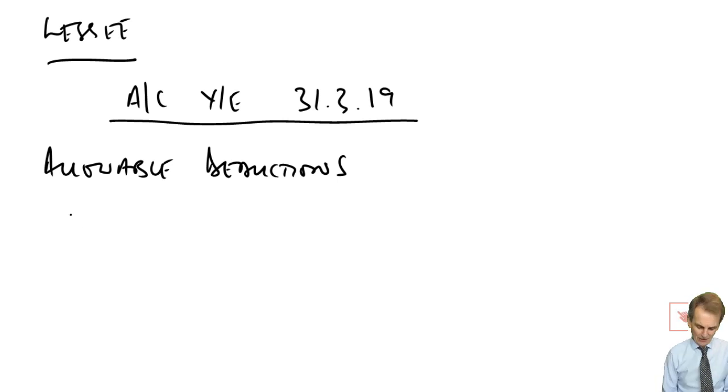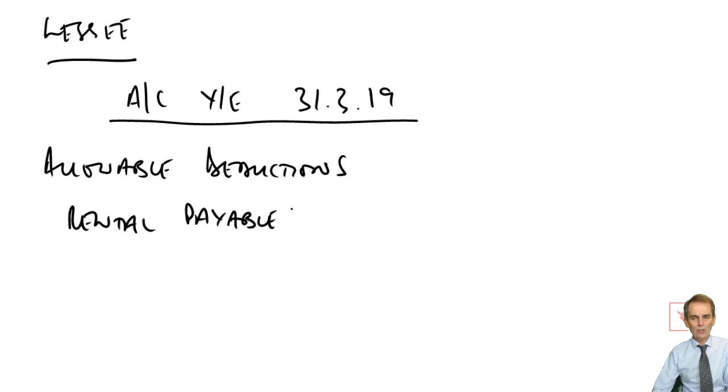Okay, let's deal with the rental bit. Rental payable. When dealing with trading profits, we work on an accruals basis. In business financial statements, we work, for the most part anyway, on an accruals basis, always for financial statements and usually for taxation.